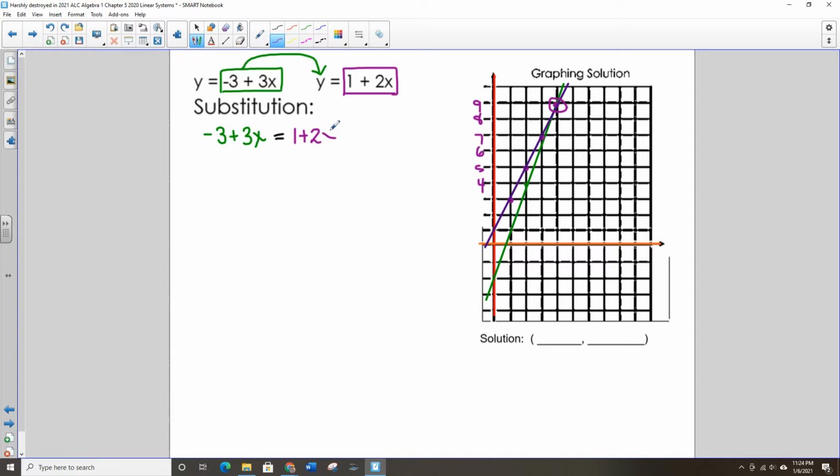And this is going to make it much easier for us to figure out what the value of x is. A lot of your teachers probably in the past have said these magic words. They've said, set them equal to each other. That's what we just did.